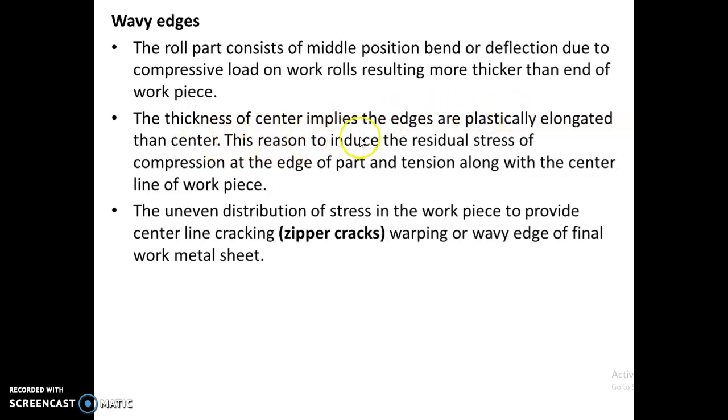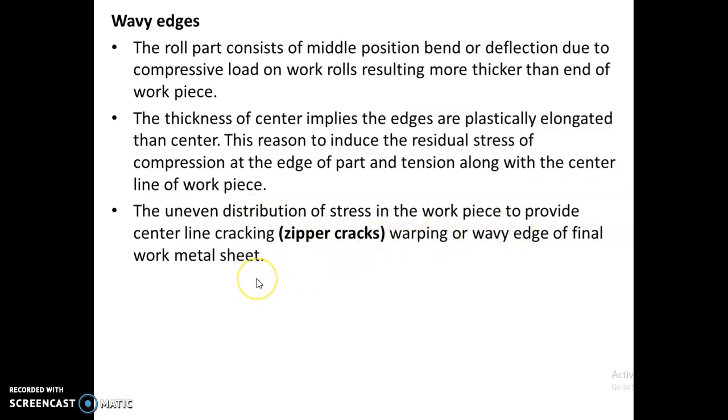This induces a residual stress of compression at the edge of the part and tension along the center line of the workpiece. The uneven distribution of stress in the workpiece provides center line cracking, which is called zipper cracks, and warping or wavy edges of the final metal sheet.